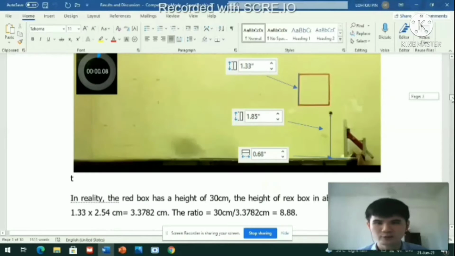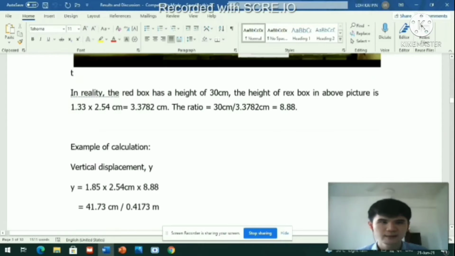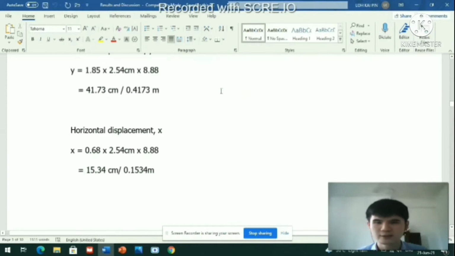Because of the scaling, the real-life height of the red box is 30 cm. So the 30 cm over the measured height gives the ratio. Since we know the inch, we get the x and y by multiplying the ratio times the inch, where one inch represents 2.54 centimeters.